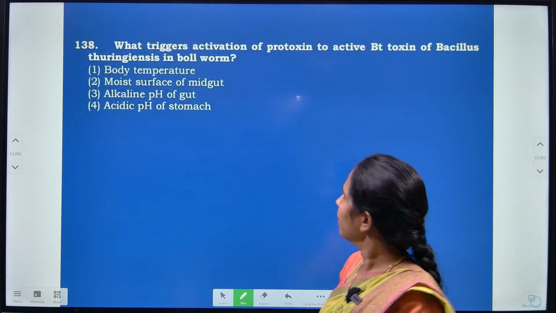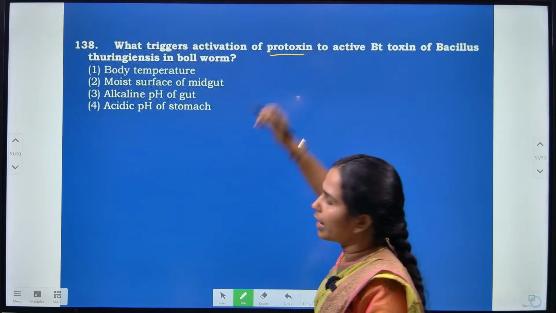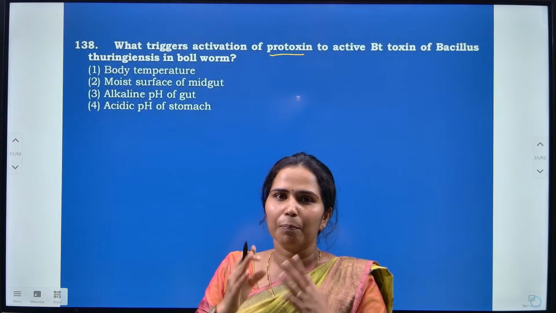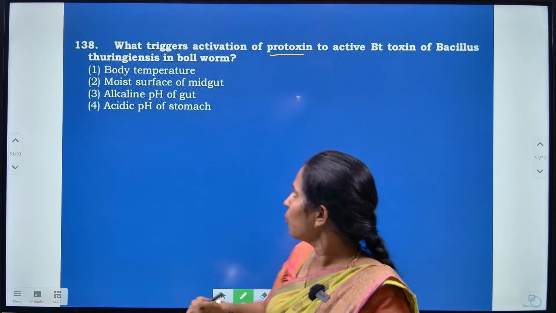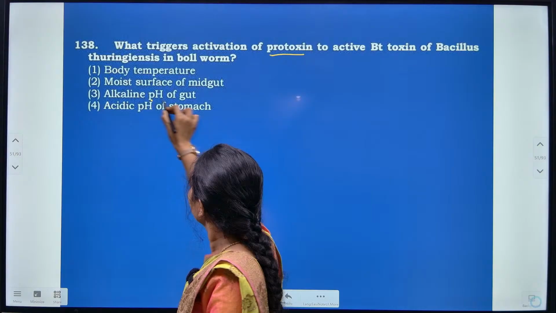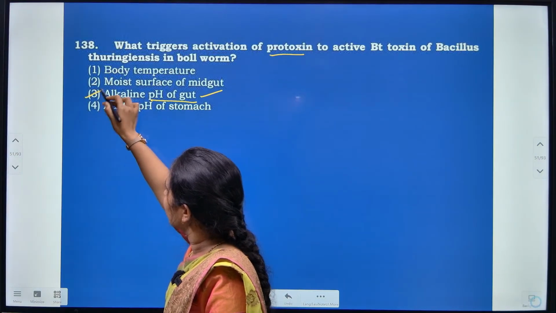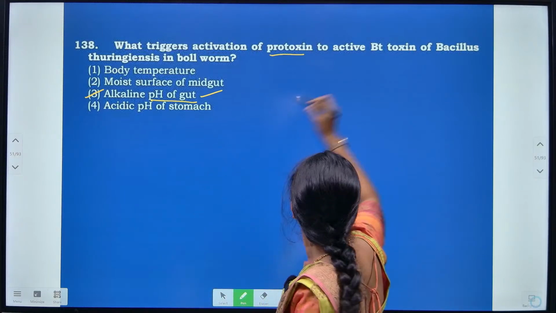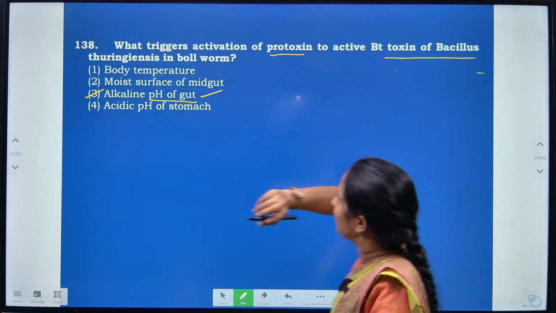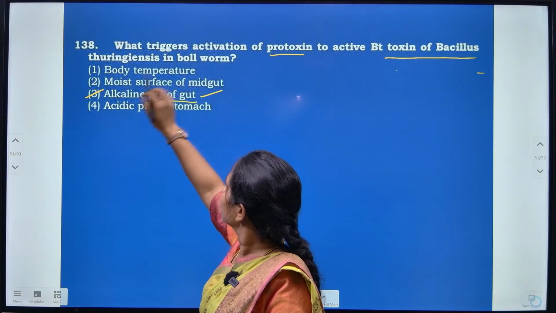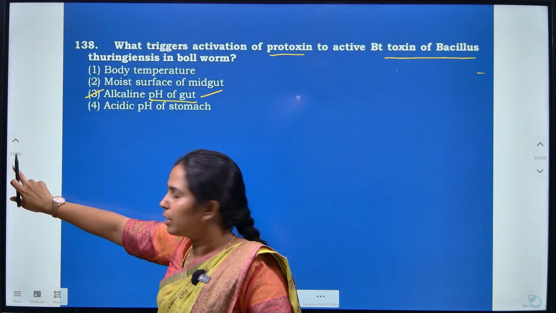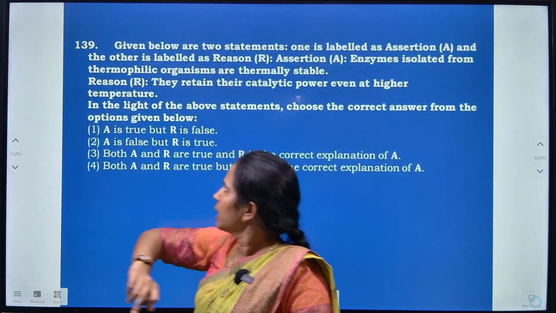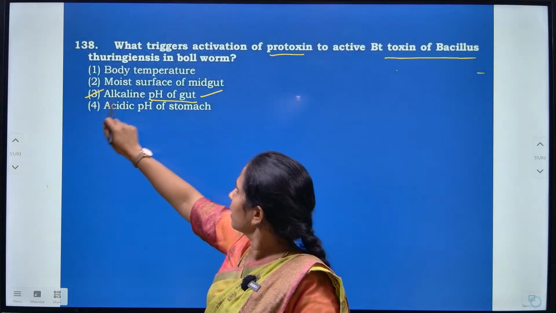Here the protoxin gets activated when it enters the bollworm, where the pH of the gut is alkaline. The pH of the gut should be alkaline, then only the protoxin of Bt is converted into an active toxin of Bacillus thuringiensis to kill the caterpillars, the bollworms. So the right option will be alkaline pH of the gut.